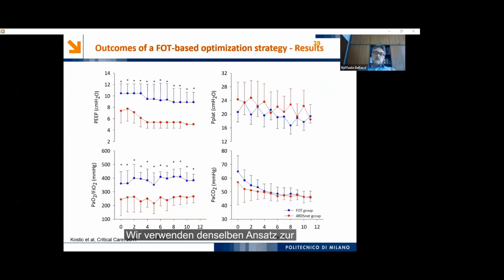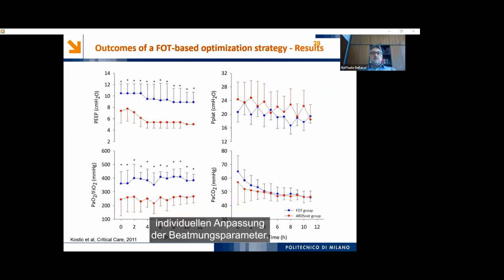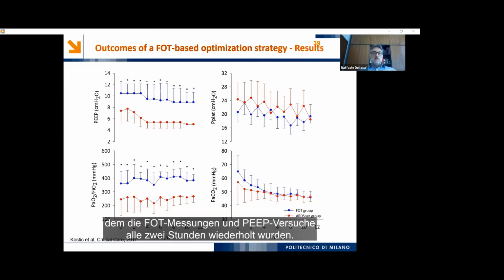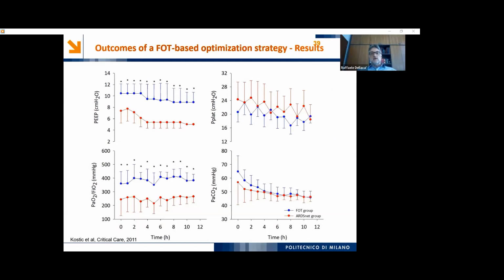We also used the same approach for tailoring the ventilation parameters in these piglets during a 24 hour ventilation trial, by repeating the FOT measurements and PEEP trials every 2 hours. We compared this approach with the standard approach based on the oxygenation data.